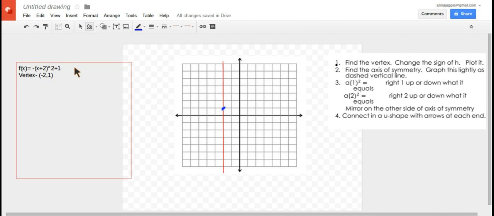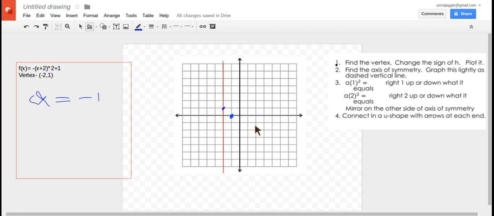Our a in this case, ignore my bad handwriting, equals -1. So we're going to be multiplying -1 times 1 squared, which should come out to over 1, down 1. So it's still -1. So it should be right around there.